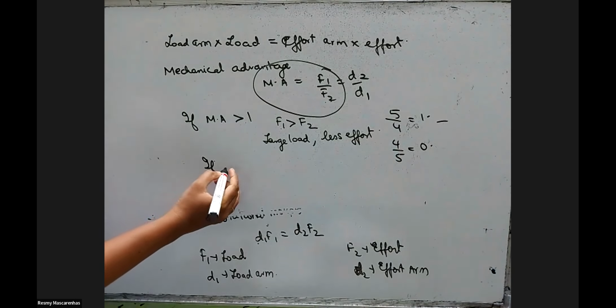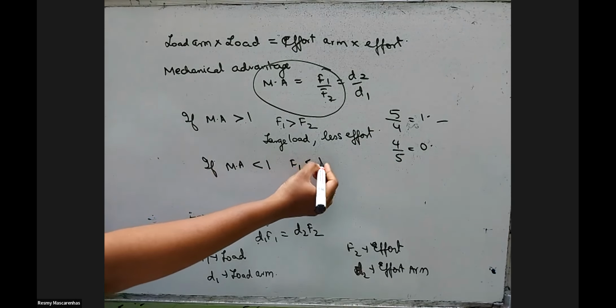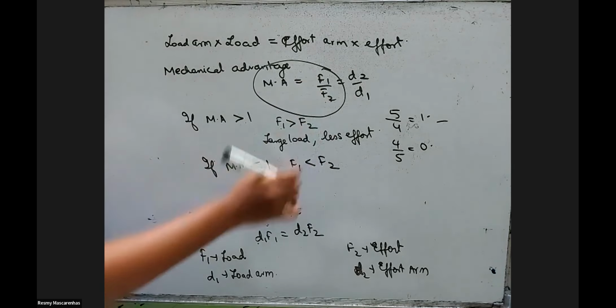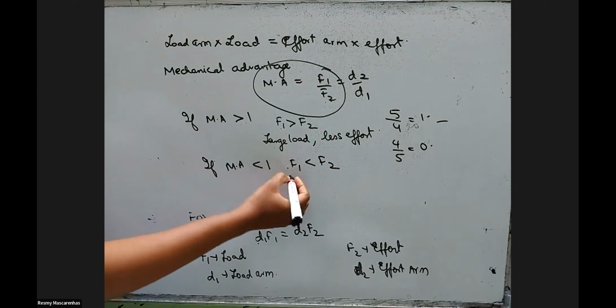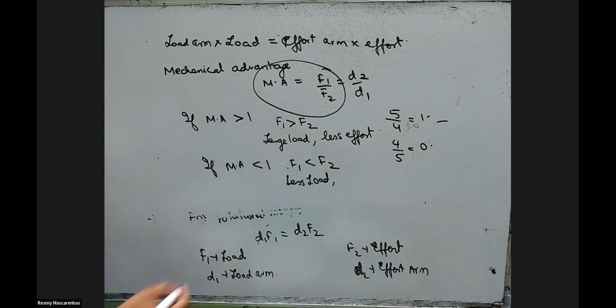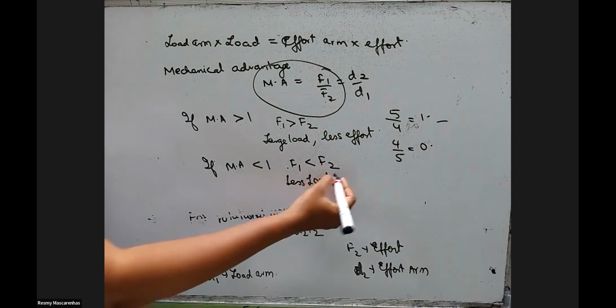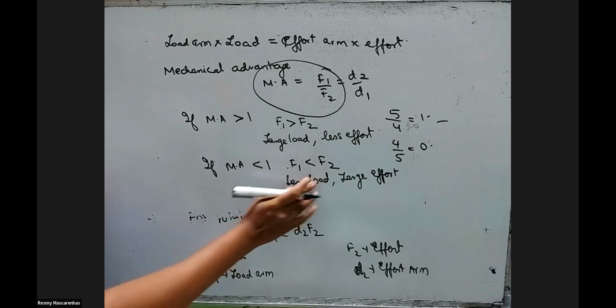And if mechanical advantage is less than 1, it means this number is smaller than this. So it means less load, larger effort, or small load you can lift.